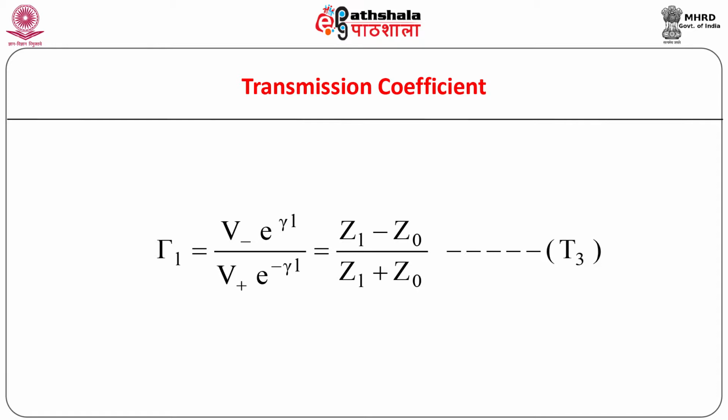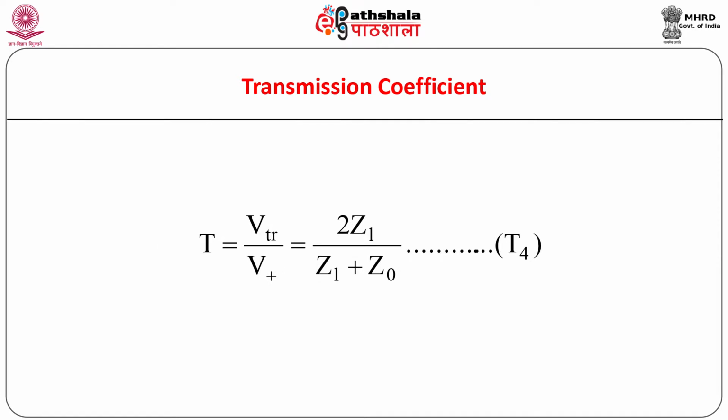This will yield the expression for reflection coefficient at the load as shown. Let us call this equation T3. Substitution of equation T3 in equation T1, with little simplification, yields the derived expression for the transmission coefficient T as shown.